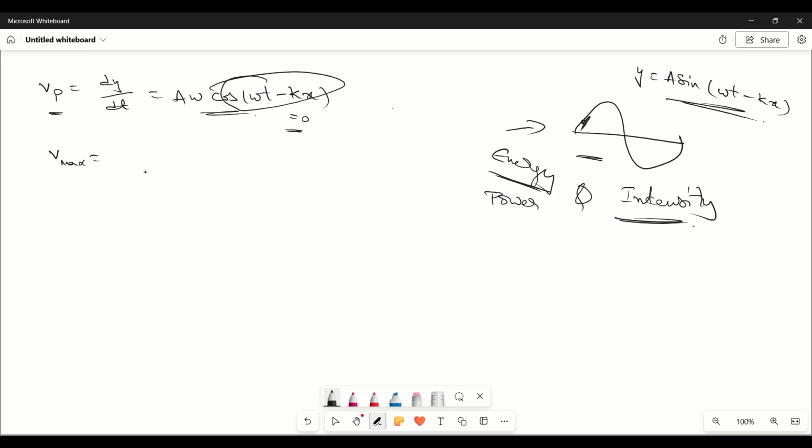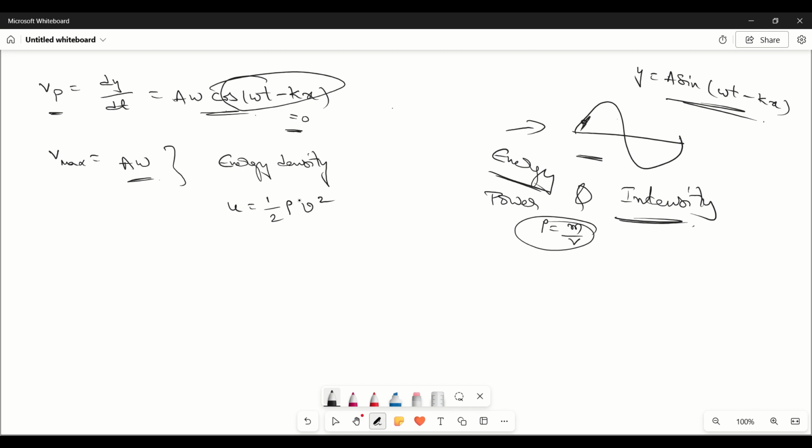Energy density of a wave is represented with U. It is represented in terms of kinetic energy per unit volume, and we know that density equals mass by volume. Based on that, the energy density is given as half rho v squared, where v represents the maximum particle velocity of the wave. So the energy density is given as half rho a squared omega squared.